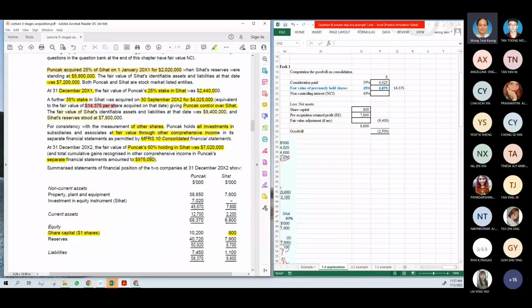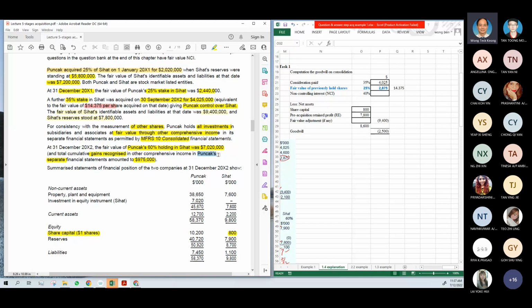So Punchat can recognize the gain, fair value through OCI, so it went up in value. Recognize 975, the question tells us. So this gain must be eliminated. It means cancel off at group level. We can't recognize this gain, but this is only in Punchat's separate financial statements.